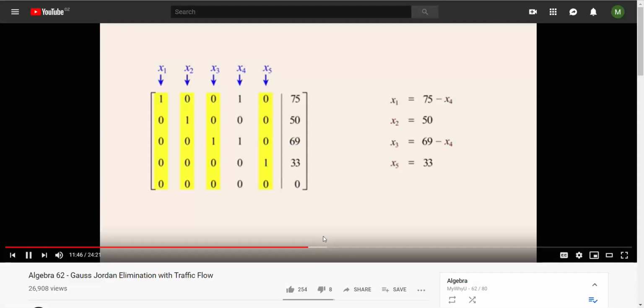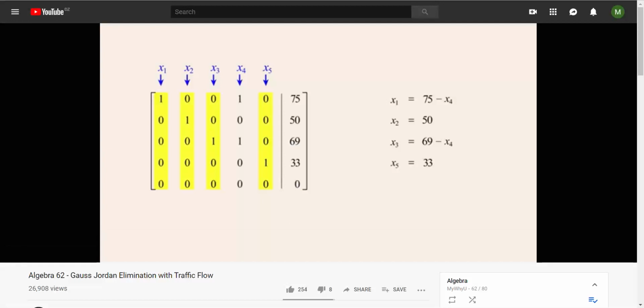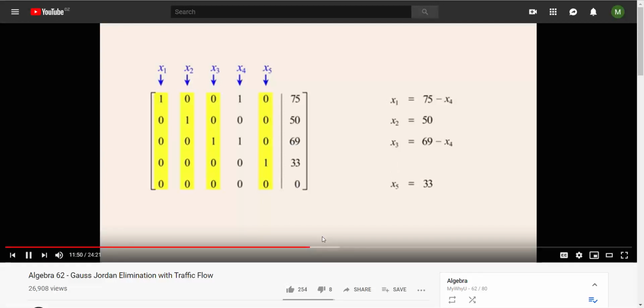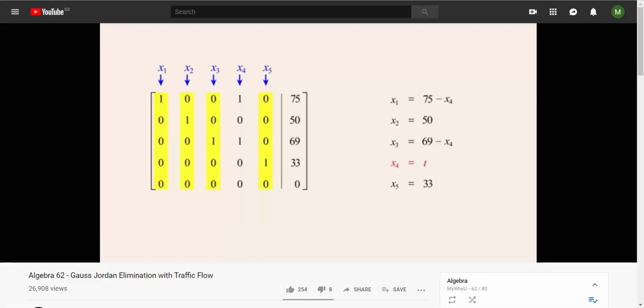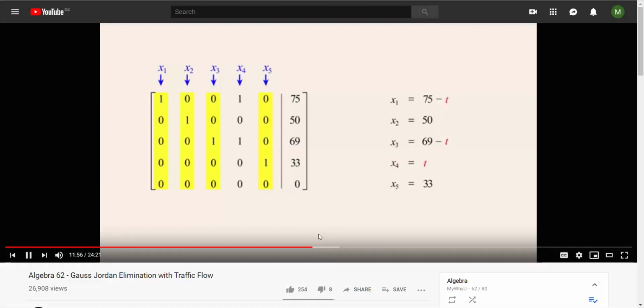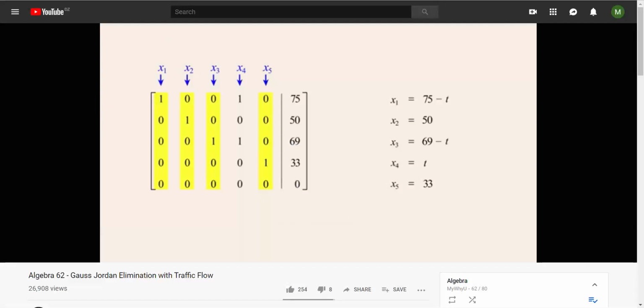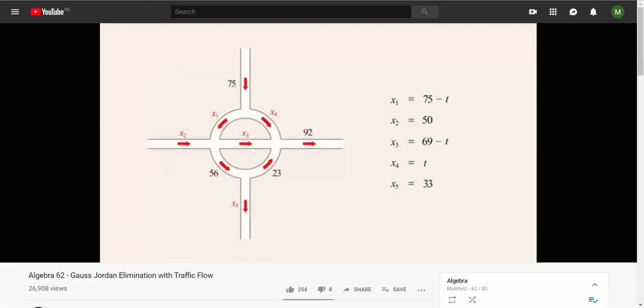We then equate the free variable x4 to a parameter that we will call t, and replace x4 in the remaining equations with t. We now have a set of parametric equations that express all 5 system variables x1 through x5 as either constants or functions of the parameter t.